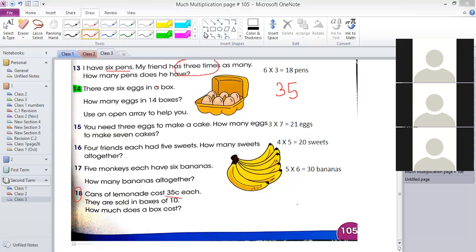So what will be the cost of 10 cans? Because in one box there are 10 cans. If you find out the cost of 10 cans, then you will be able to answer. Very good, Muhammad Fadi, Ayan Farhan, and Amar. Let's take the answers from the students.